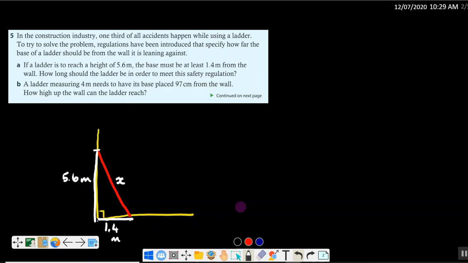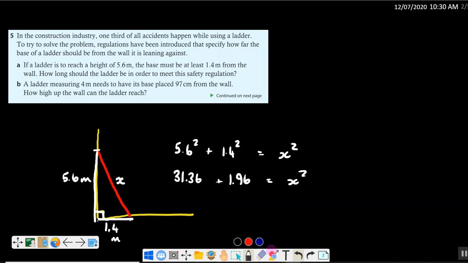So there's our x. We know, right angle triangle, that 5.6 squared plus 1.4 squared equals x squared. Have you done that, guys? What numbers did you get? 31.36 plus 1.96 equals x squared.